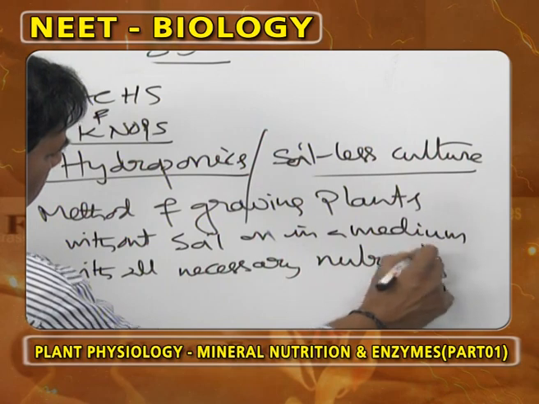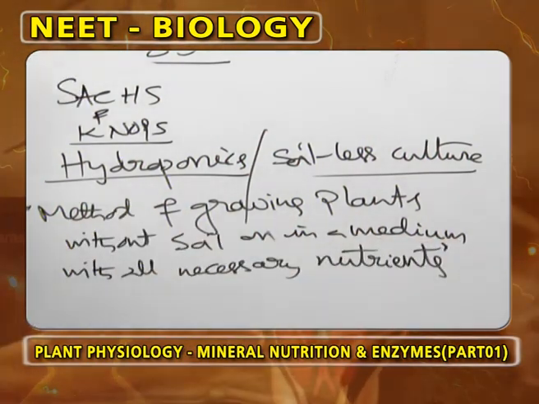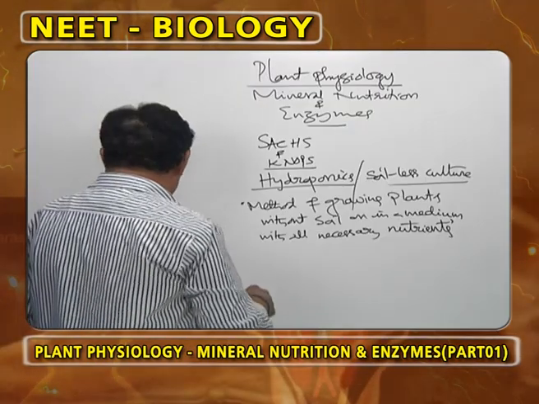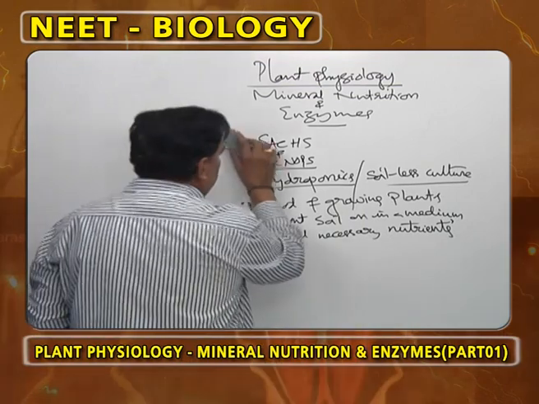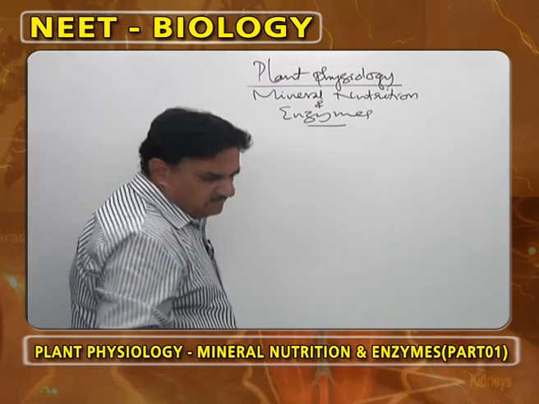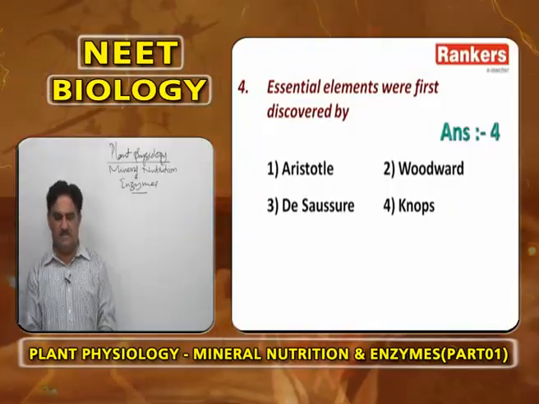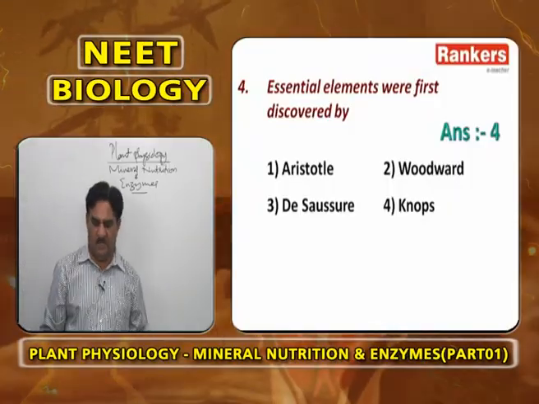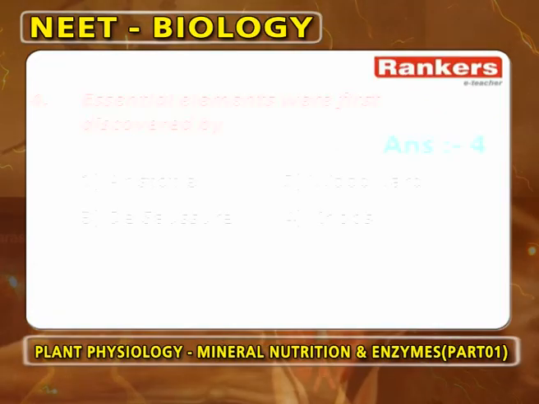If all the necessary nutrients are added to water, then you will definitely make the plants grow very well. This concept is called hydroponics, and it was proposed by Sachs and Knop. So essential elements were first discovered by Sachs and Knop.